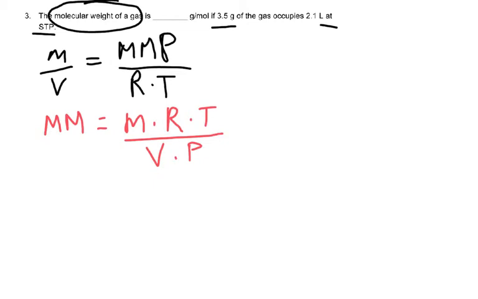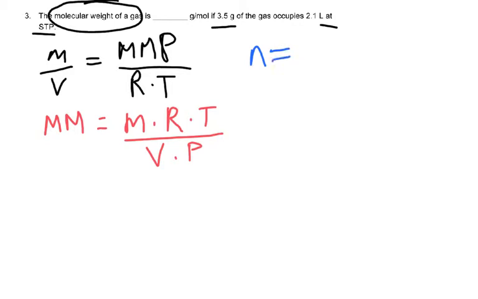Now, an alternative way to solve this problem, and had I not just taught you guys this chapter, I would have solved it this other way because I can't remember this formula on just a regular day. From the ideal gas law, you have PV is equal to nRT.